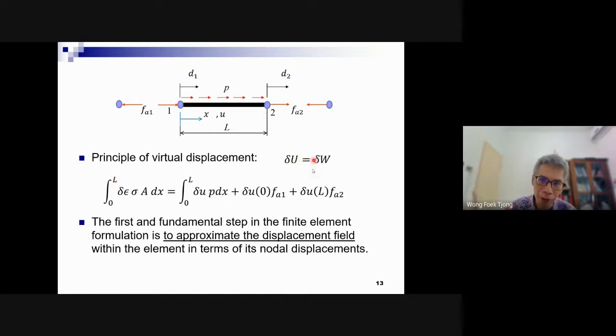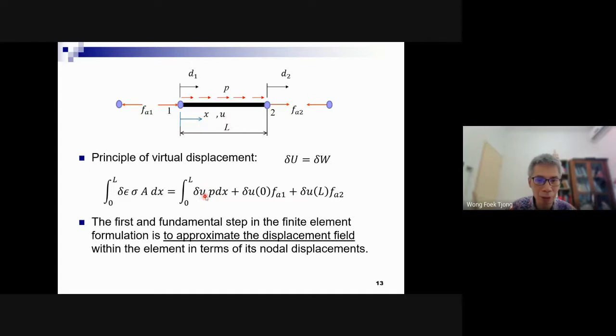How about the virtual work of external forces? We should see what forces apply here. First, the axially distributed force. The virtual work is given by the virtual displacement times p dx, and we integrate this over the element. What is virtual work?